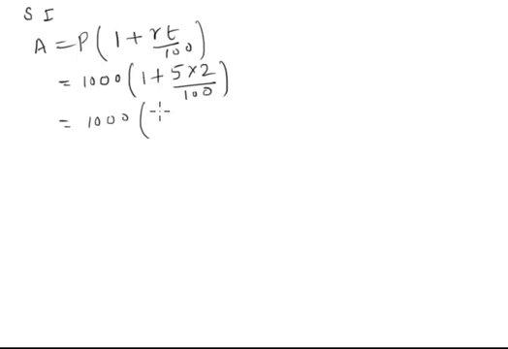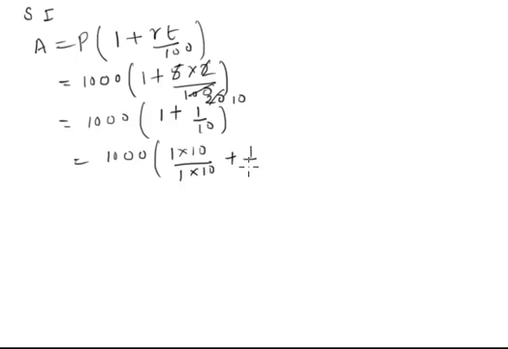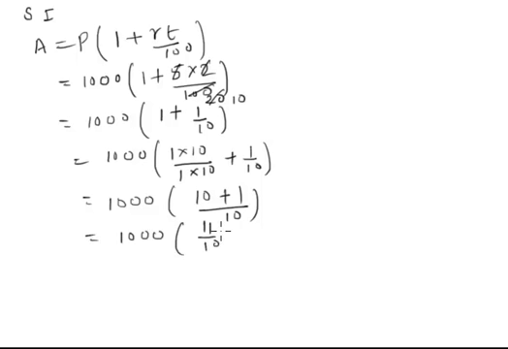So 1000 times (1 plus 1 over 10). Again we need to make the denominators the same, so 1 times 10 over 10. So 1000 times (10 plus 1) over 10, which is 1000 times 11 over 10, and this value comes out to be $1,100.